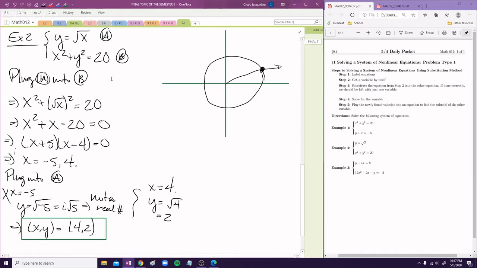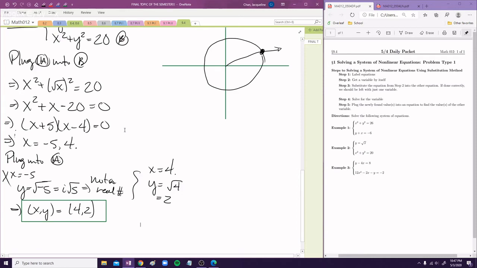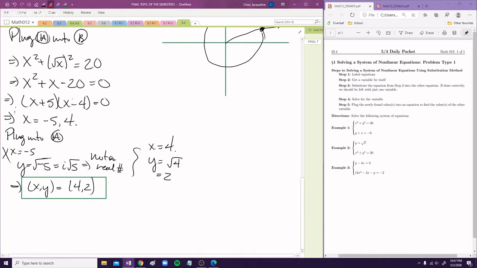So one thing I want to note though, and I didn't note for the first example, let's say that we decided to plug it into equation B, so x squared plus y squared equals 20. So x is equal to -5. When I do that, I get -5 quantity squared plus y squared is equal to 20.